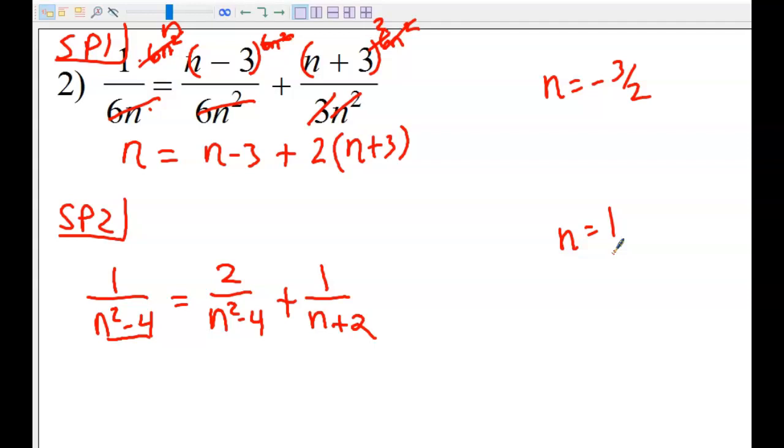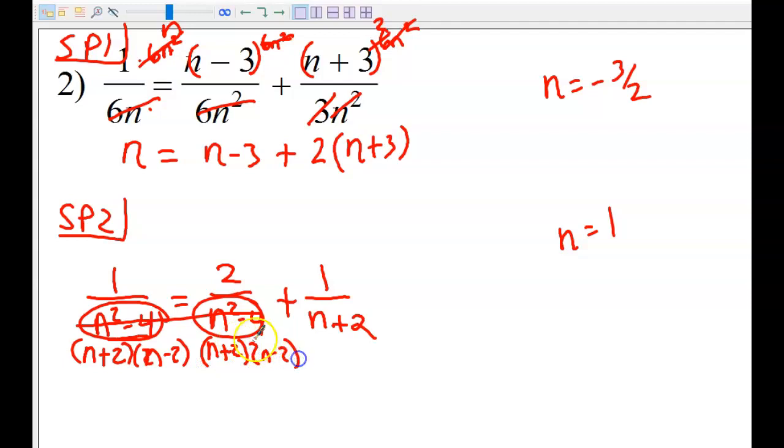So here we have n squared minus 4. We should have rewritten those as n plus 2 and n minus 2. To be fair, even if you don't multiply, you still end up with it. So when you do that, let me show you what happens. Now I'm going to multiply everything by those bottom numbers, n plus 2 and n minus 2.